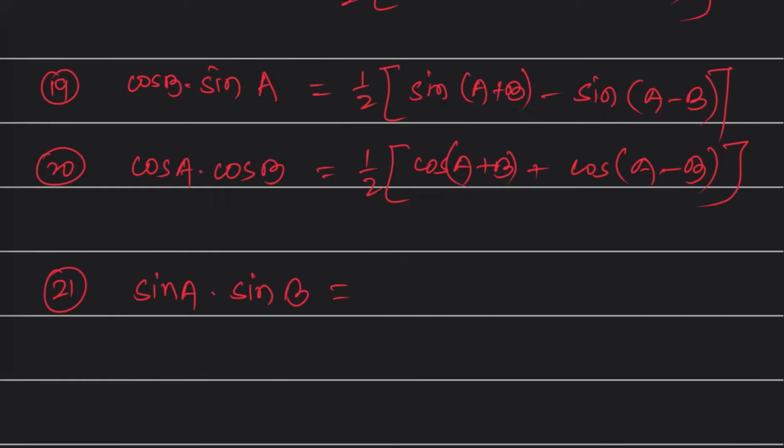For this, the formula is half into cos A minus B minus cos A plus B.